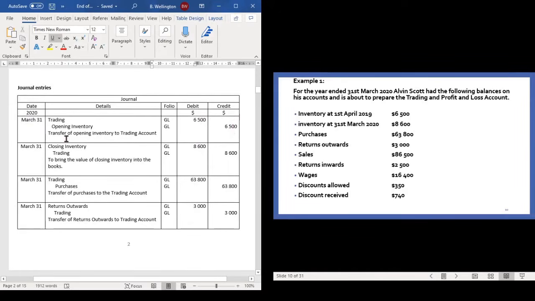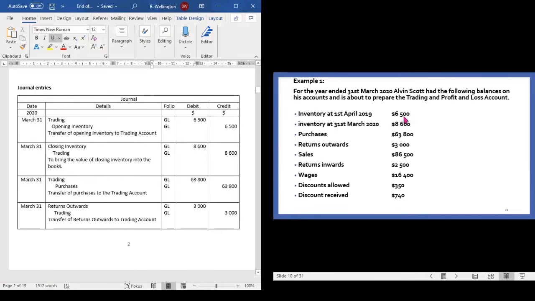Now, let's take the first item on the list. It says inventory the 1st of April 2019, $6,500. Now, this would be a debit entry, a debit balance on the opening inventory account.